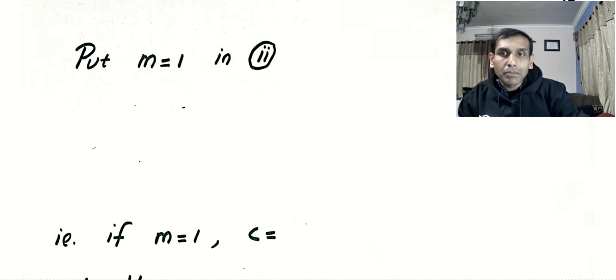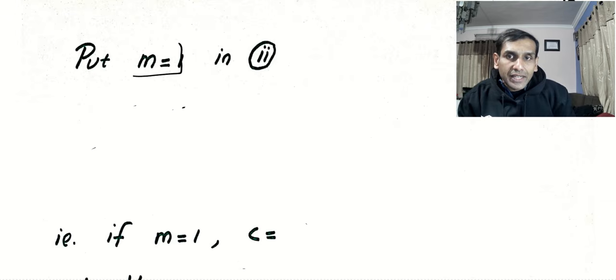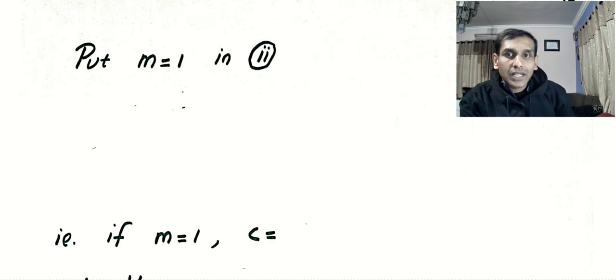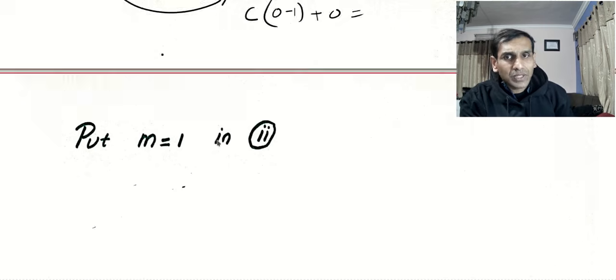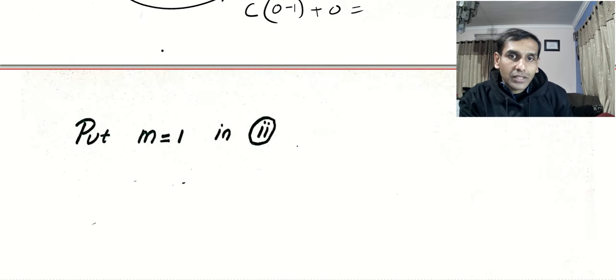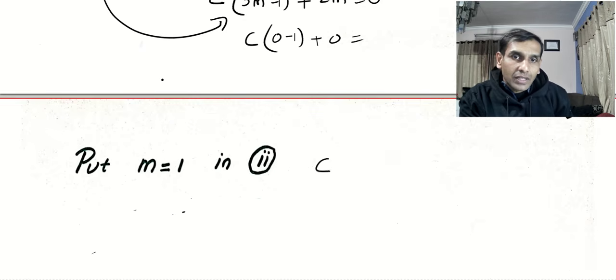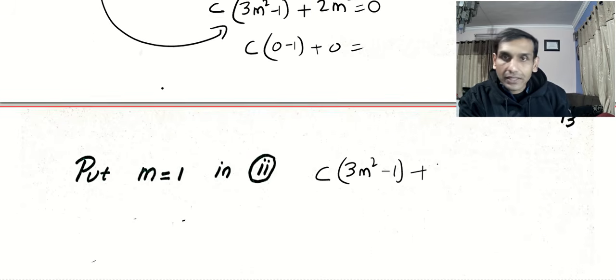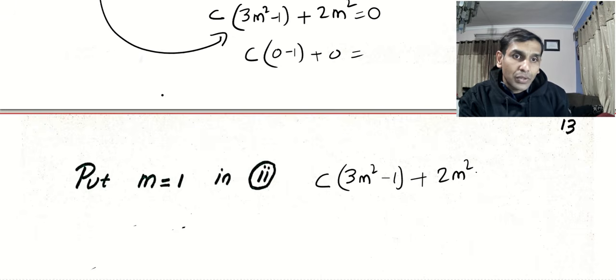Now look at this, m equal to 1. It is a distinct root. So what I do is I'll put it in the same equation, and I'll get c into 3m square minus 1 plus 2m square equal to 0.